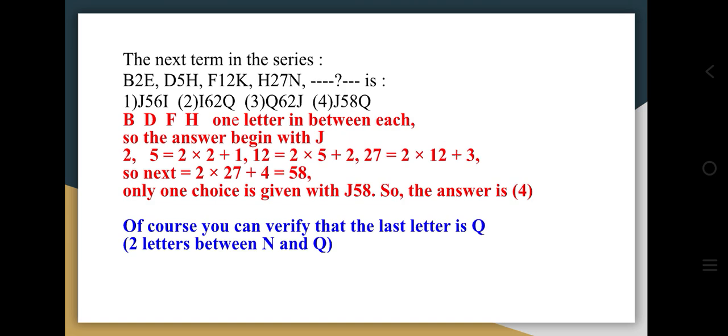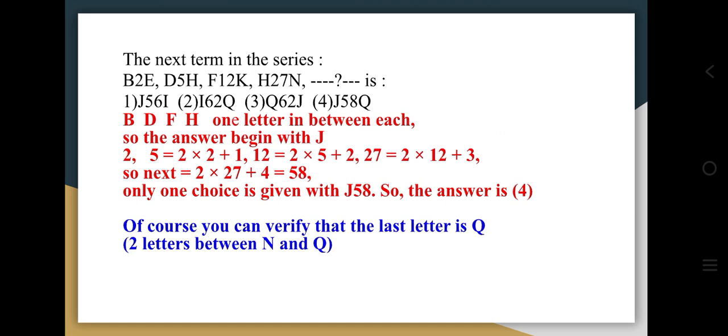The next term in the series, B2E, D5H, F12K, H27N. So B, D, F, H are the starting letters of the series, the terms of series.